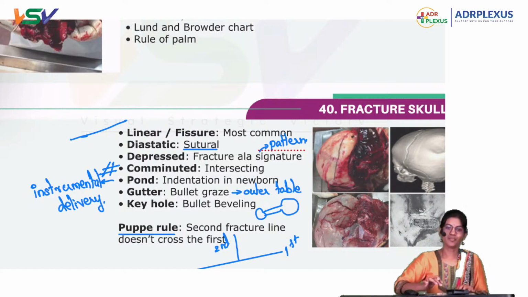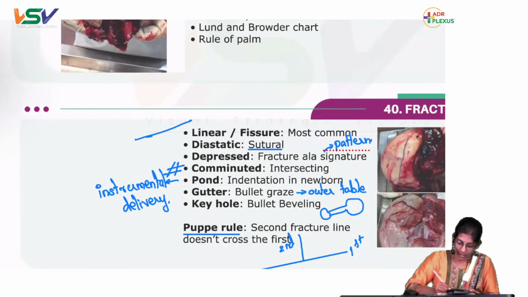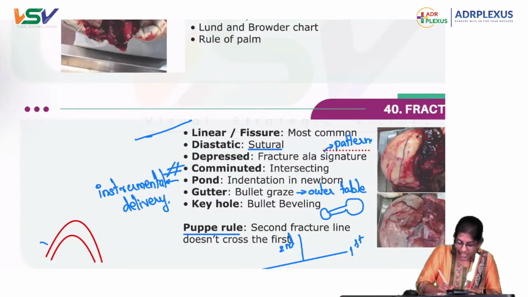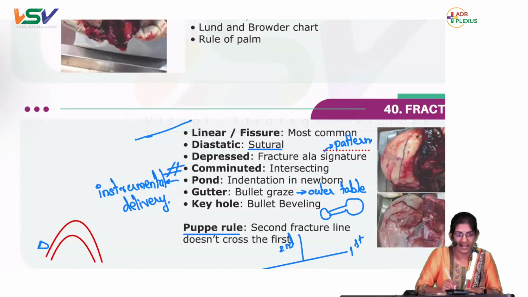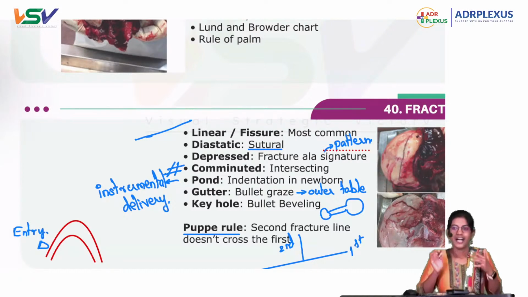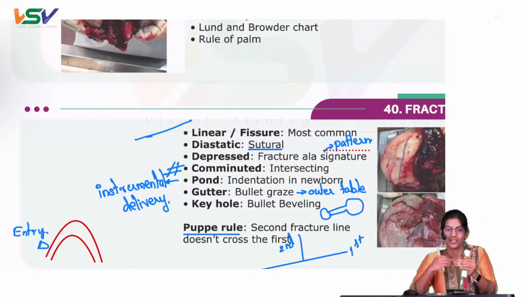Now let's understand beveling over here, because in keyhole we have seen beveling. If this is our skull, outer table and inner table, the bullet which is coming, this is going to be our entry. Remember, the outer table is supported by the inner table.